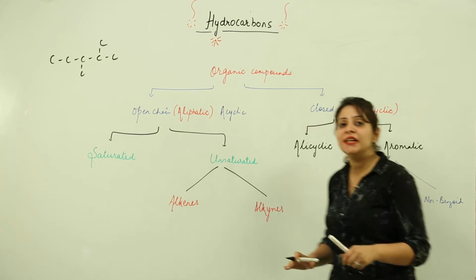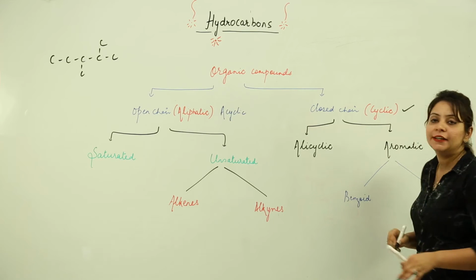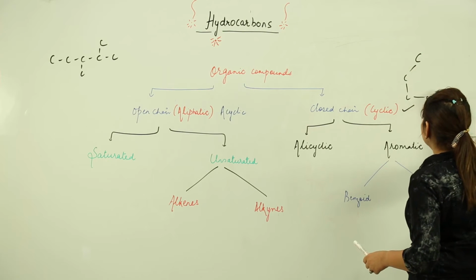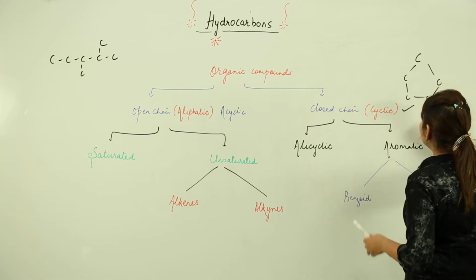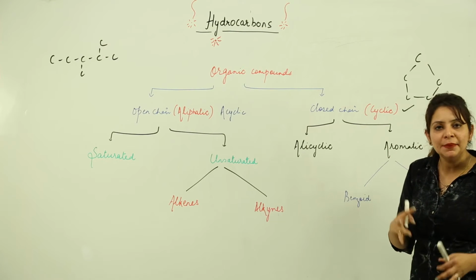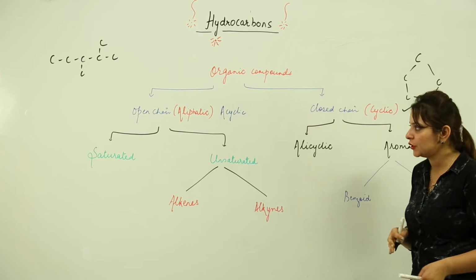And when we see the carbon atoms forming a ring-like structure, then they fall under the category of cyclic compounds. Like suppose I have this, right. This is a closed ring-like structure in which the carbon is present. That structure is called a closed chain or cyclic structure.